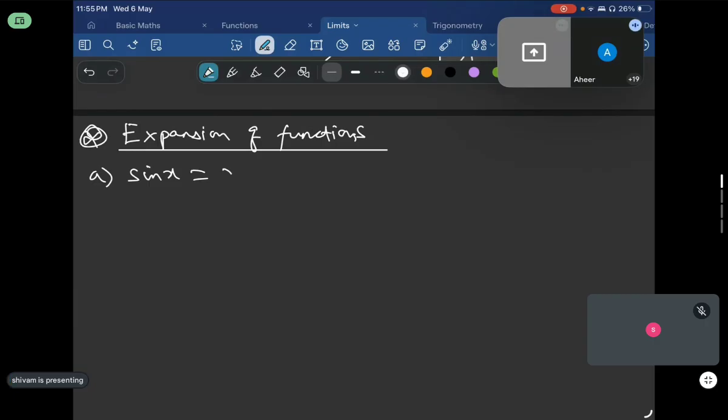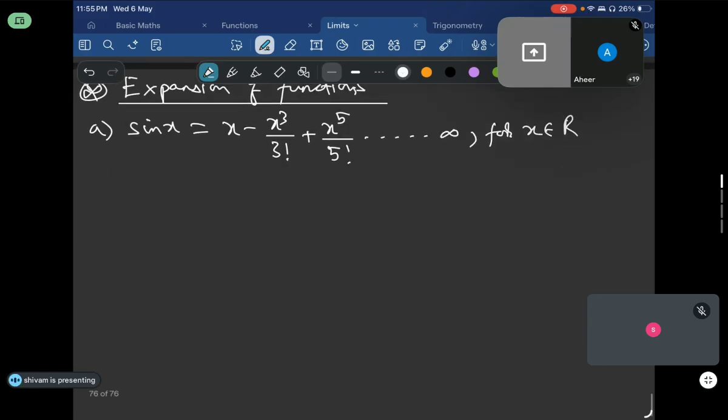Sin x is x minus x cube by 3 factorial plus x to the power 5 by 5 factorial, up to infinity. But even if you forget, I have taught you how to expand it, right? By using Taylor series expansion or Maclaurin series.